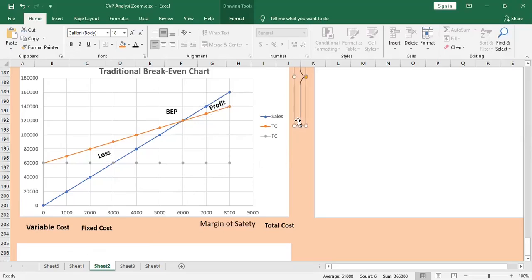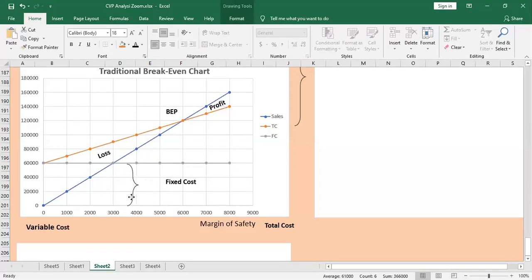Now if you look at how to calculate your fixed cost, it is always here. From this point to this point, it represents your fixed cost. This is your fixed cost. Wherever you put it, it's the same value, right?